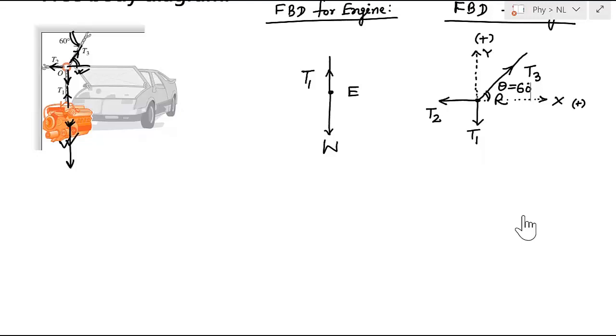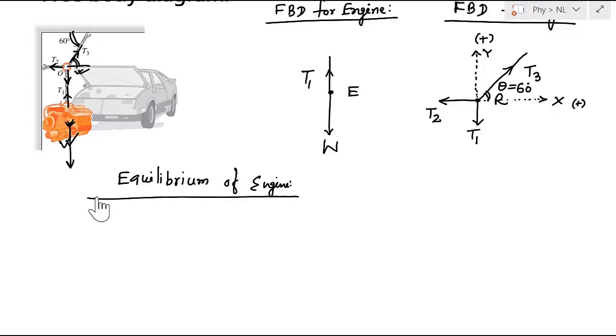So first we can consider equilibrium of engine. So now what are the forces that are acting? In this case there is no horizontal force. So if I consider summation of all horizontal forces equal to 0, this does not give anything because in the horizontal direction in this case nothing is acting.